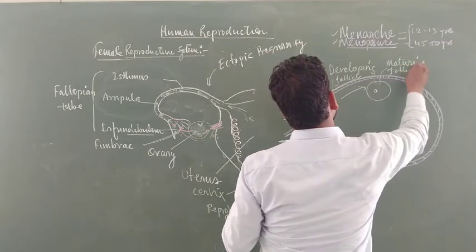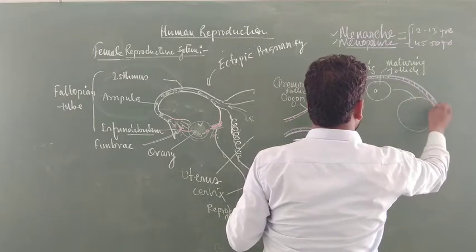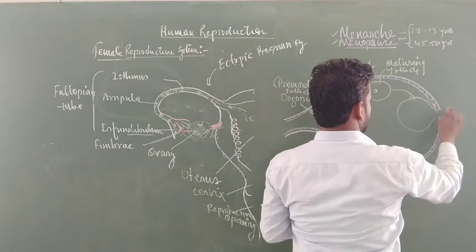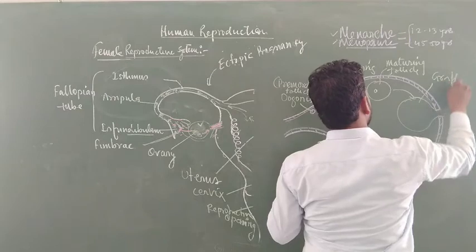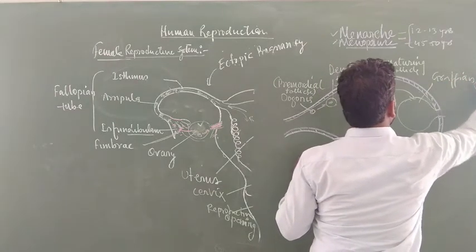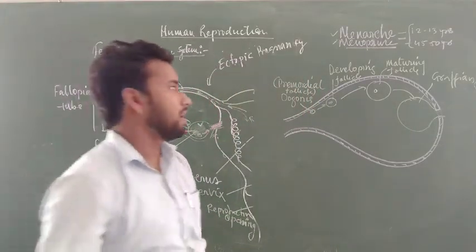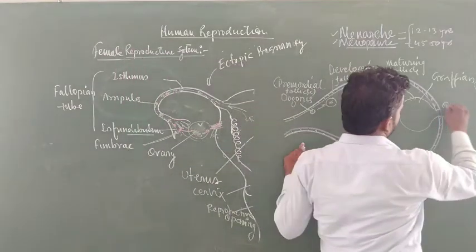This mature follicle is again converted into a multi-layered egg-containing structure, called the Graafian follicle. The Graafian follicle has an egg that is released at the time of ovulation.